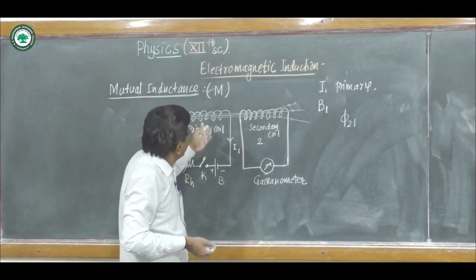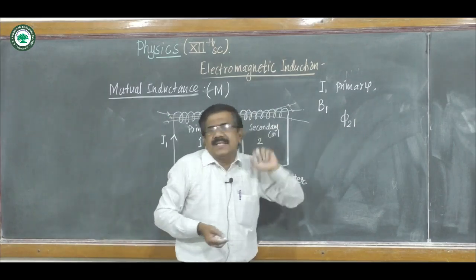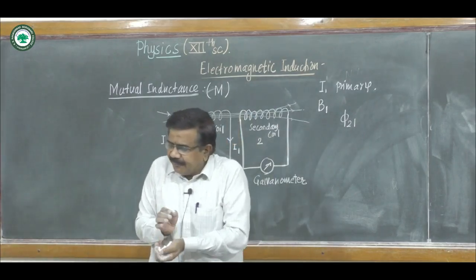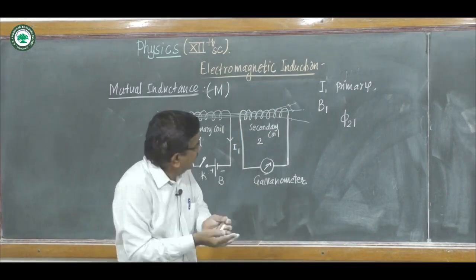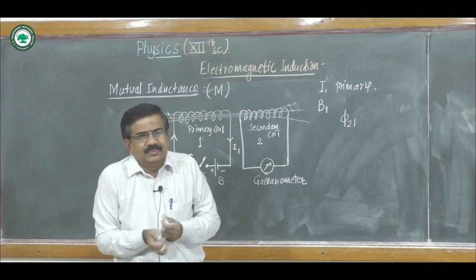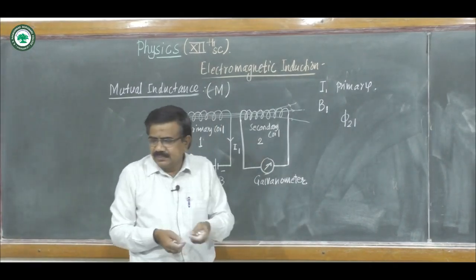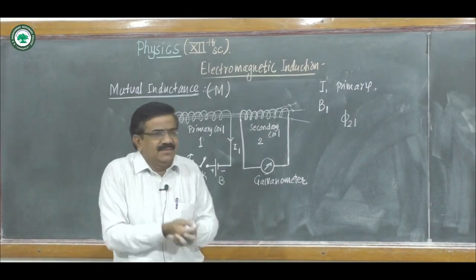Phi 21 is the magnetic flux linked with surface area S2 of coil 2 due to B1.